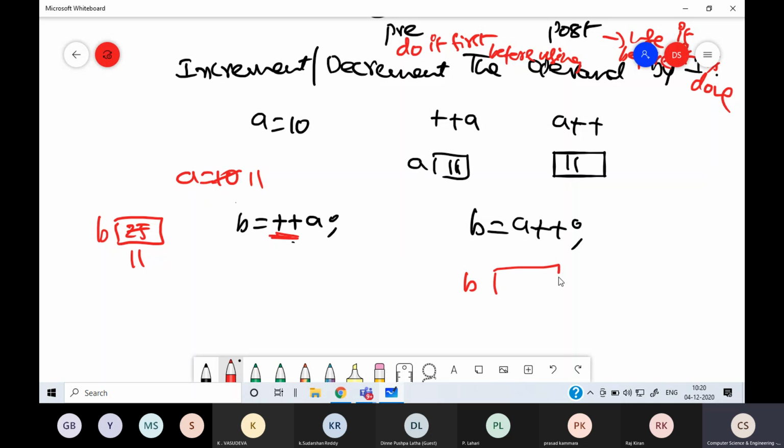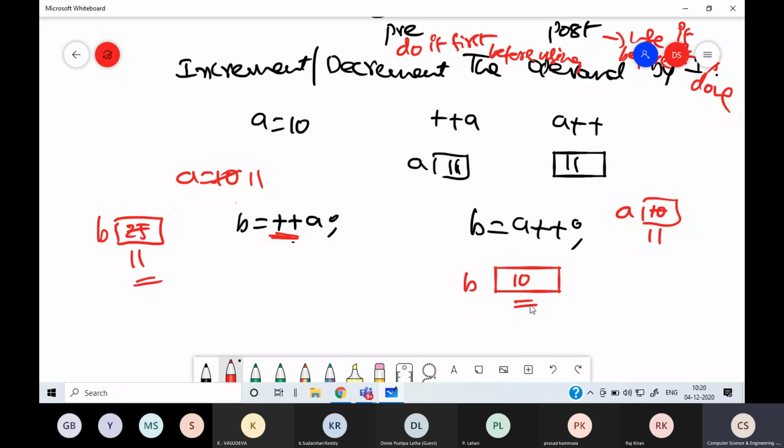In this case, first use it, because it is post, and you increment afterwards. A is 10, so I have to use A first before I increment. So in this case B becomes 11, and in this case B becomes 10.